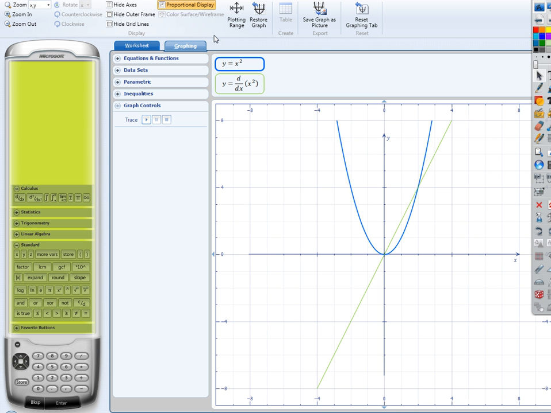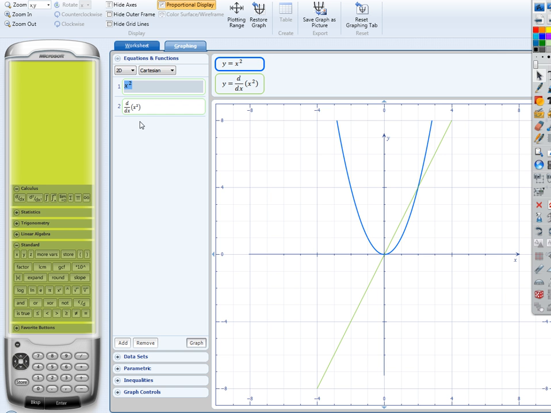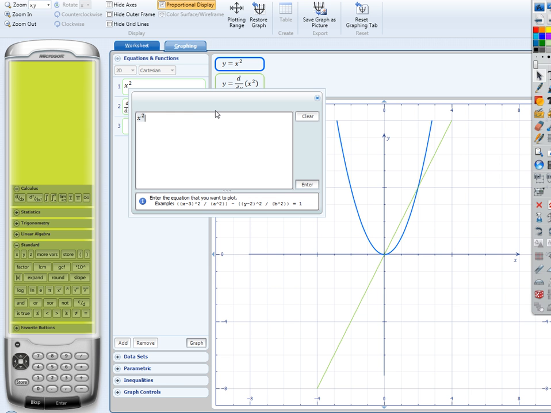I mean, you already know what it looks like. And then we'll just save this one. So let's see, I want a new one. How do I get a new one here? Add, there we go. Thank you. Second derivative.